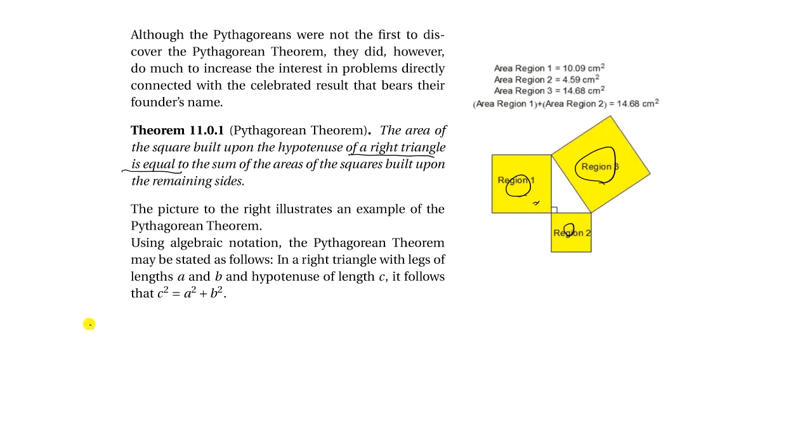The condition is the given triangle must be a right triangle, ABC. Then, for the given condition, c square, the square of the hypotenuse, is the sum of the squares of the lengths of the other two legs, right?